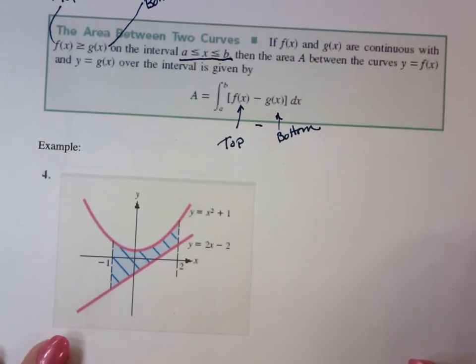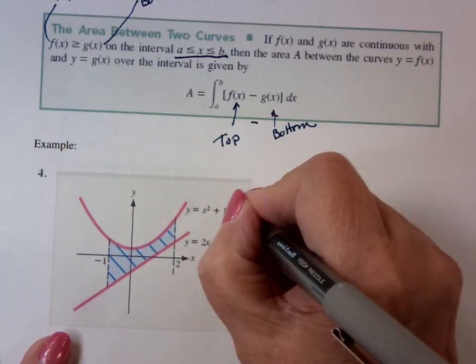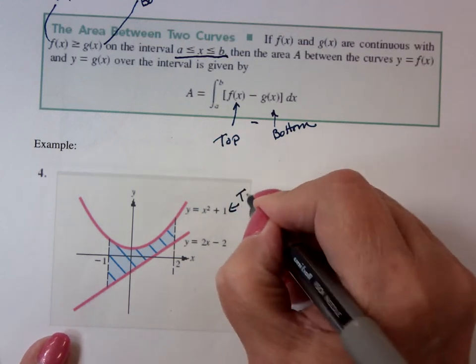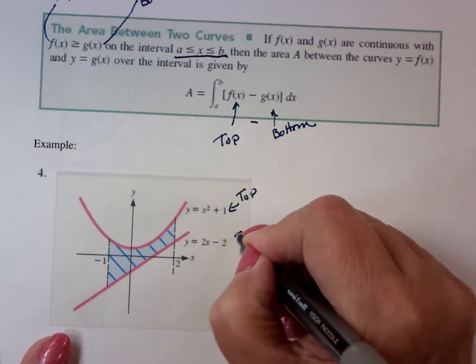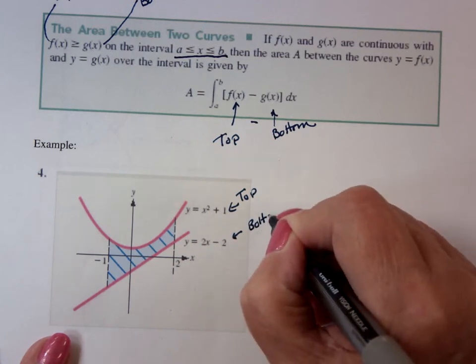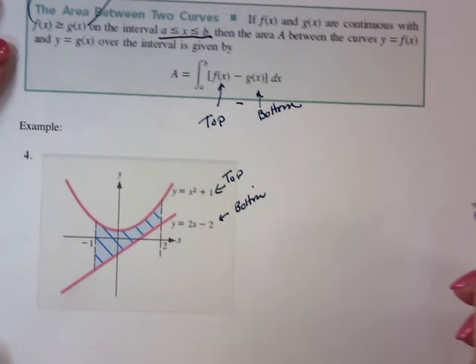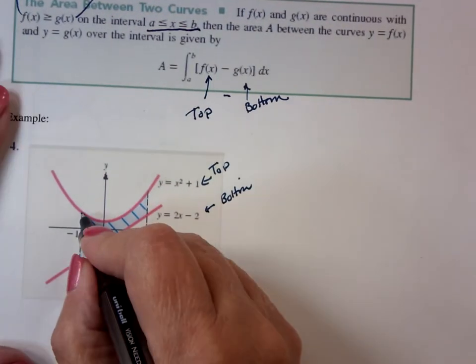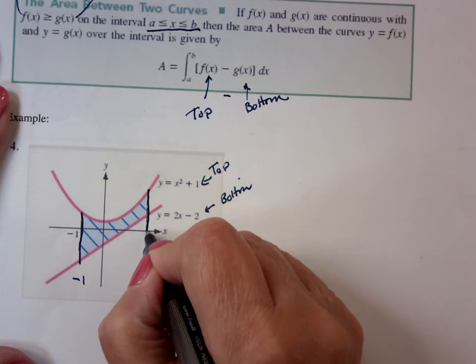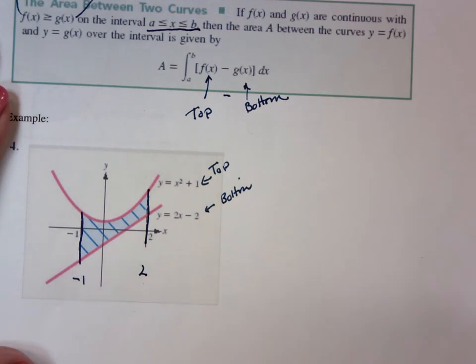So if I were to look at this one, the top one is x squared plus 1, right? The bottom one is y equals x minus 2. So what would be the area in between? Now we're looking at going from -1 to 2.